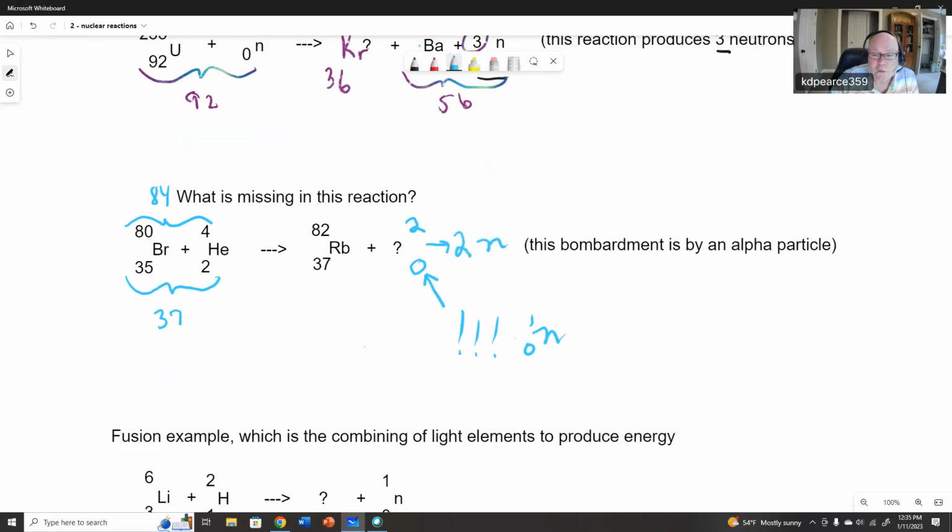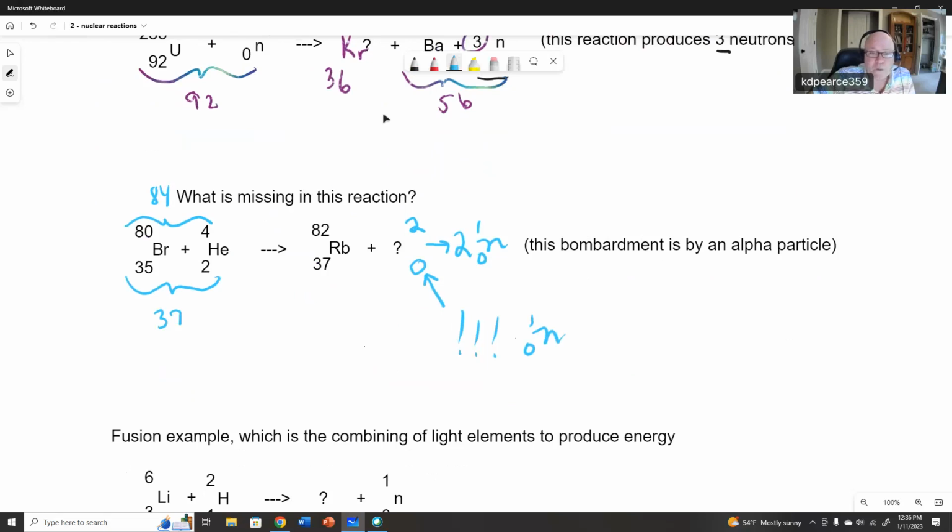Do you see how tricky this was? It's 2 neutrons. There's no 2, 0 particle. I'm sure we could find one, but not ordinary particles. And so the product of this bombardment here is rubidium 82 and 2 neutrons.